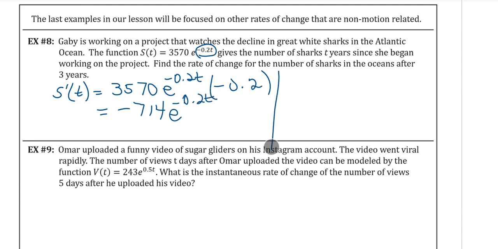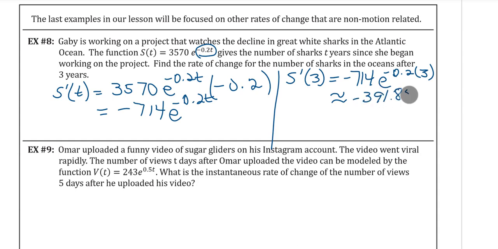Okay, so we want S prime of 3, so we're going to substitute 3 in there. And again, like a lot of these related rate problems, you really are expected to have a calculator for them. So this is approximately equal to negative 391.852.